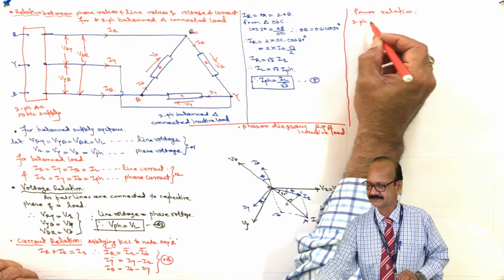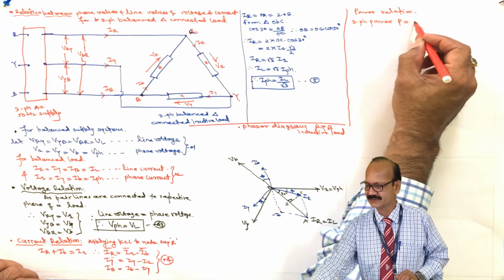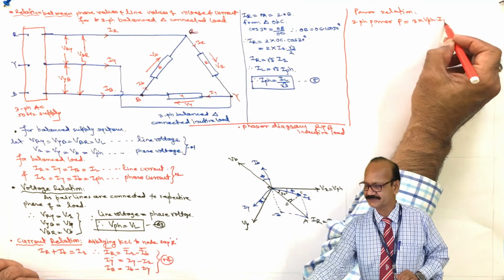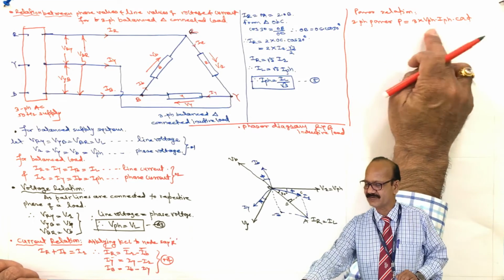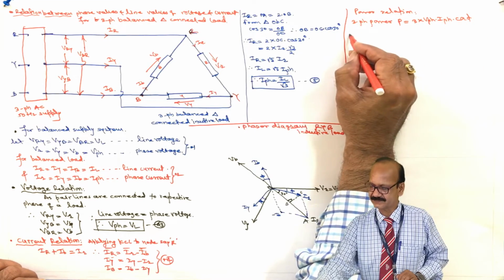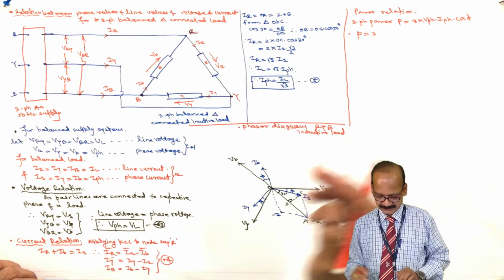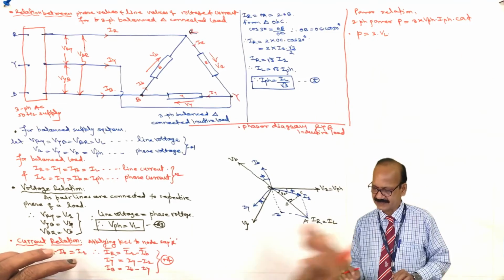Three-phase active power, P equal to 3 into VPH IPH into cos phi. That is 3 into power per phase. Therefore, P equal to 3. What is VPH? VPH is nothing but VL. What is IPH?